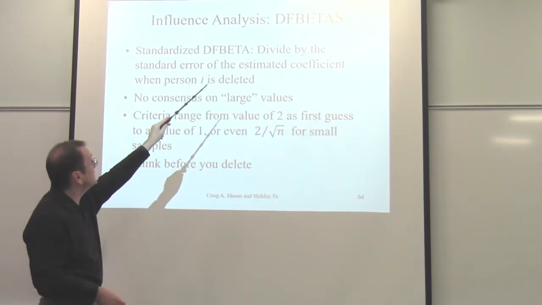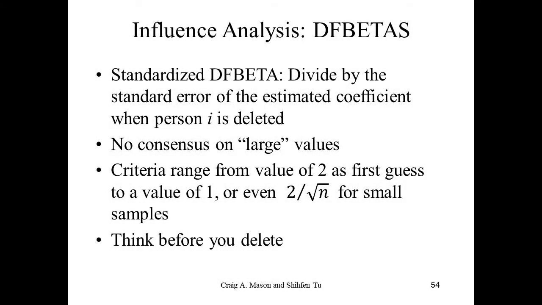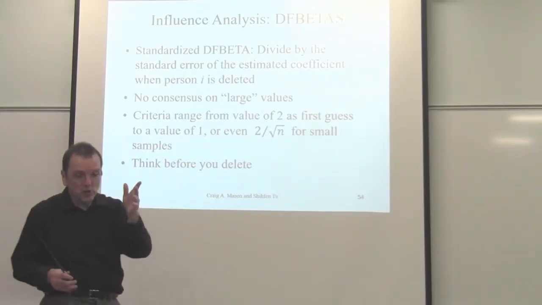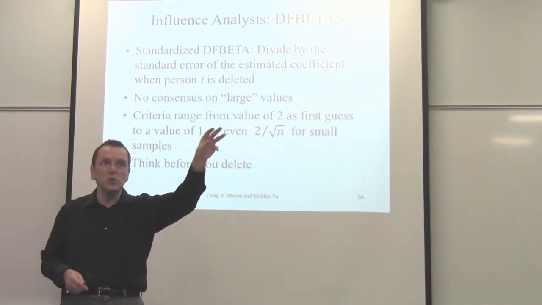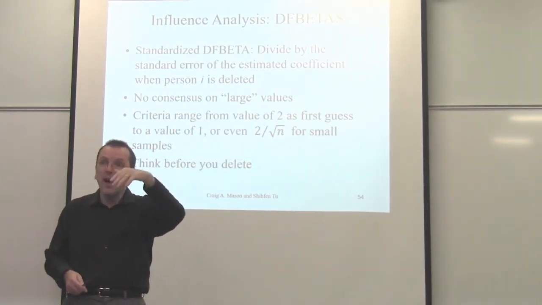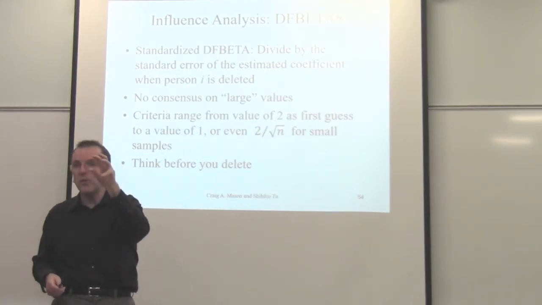So you can actually standardize the DFBETAs, and these are pretty standard output you can request, the DFBETA and the standardized DFBETA. And that just divides each of those individual DFBETAs by the standard error that you'd estimate for that coefficient for that person.